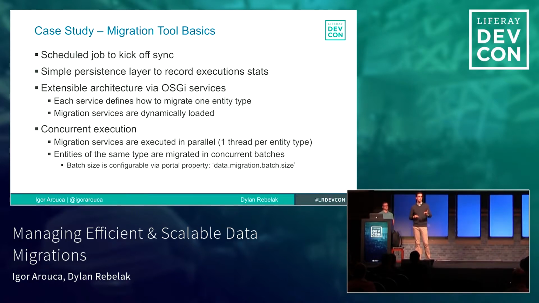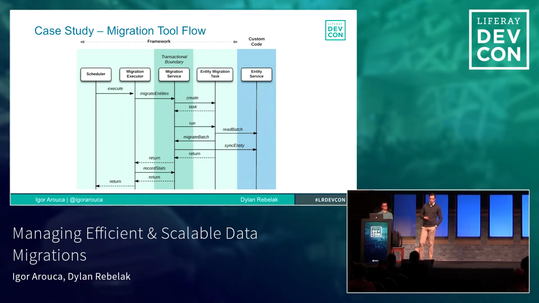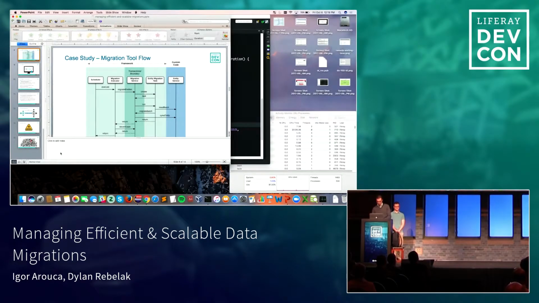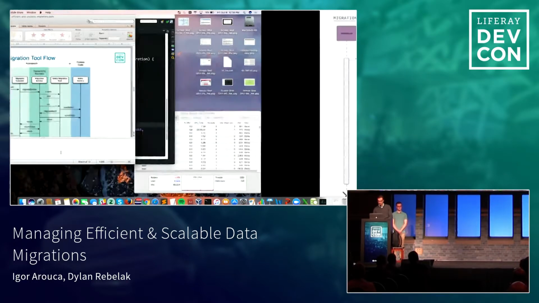We provide ways to define the size of the batch, so you can configure that. You can also configure the thread pool size, and with those parameters, the tool just executes the migration for you. So let me show you. I'm going to switch back to a diagram I have online that is probably better to see this.